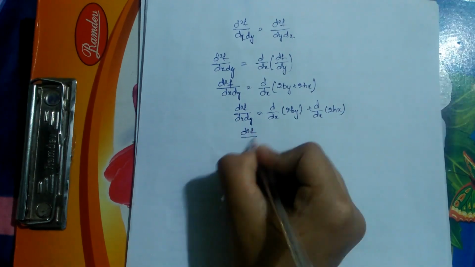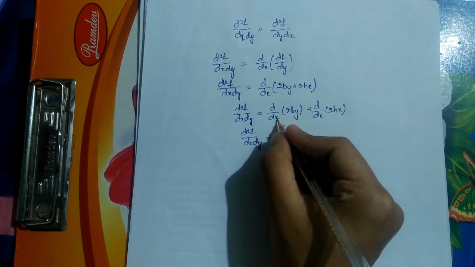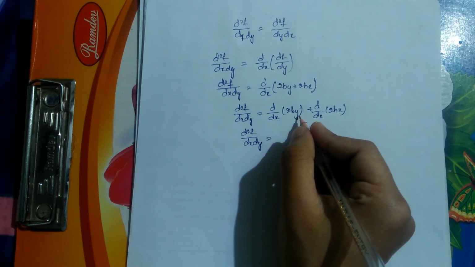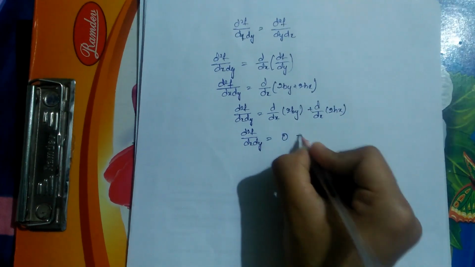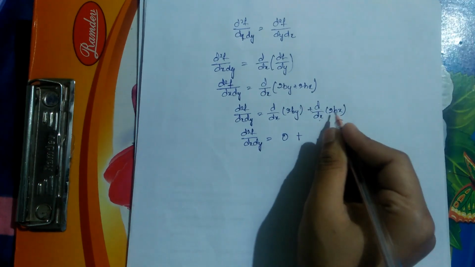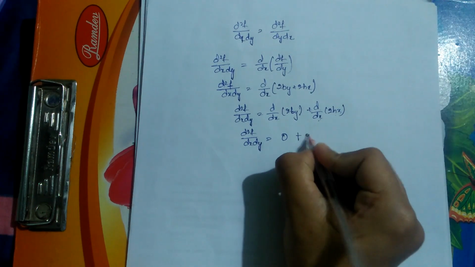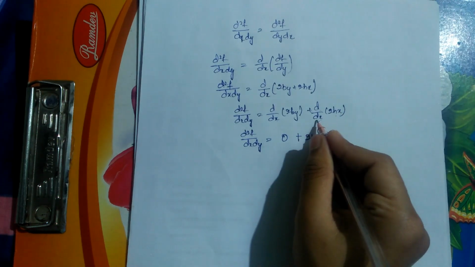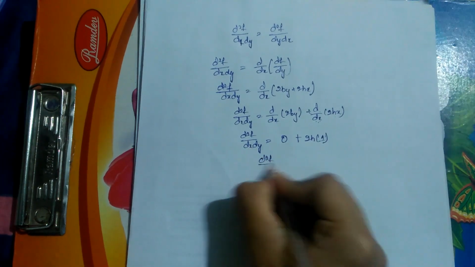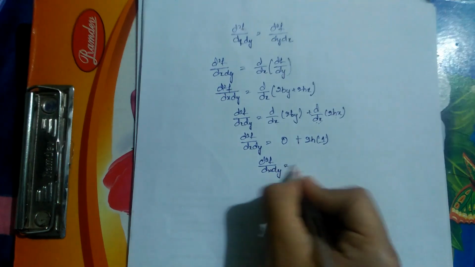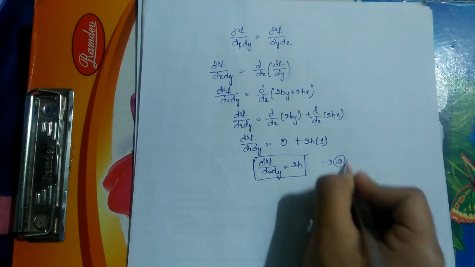The 2by is differentiated with respect to x. As there is no x variable in this term, the whole differentiation becomes 0 plus ∂/∂x of 2hx. 2h is a constant, so write 2h as it is, and x differentiated with respect to x gives 1. Then ∂²f/∂x∂y equals 2h. Let this be equation number 2.